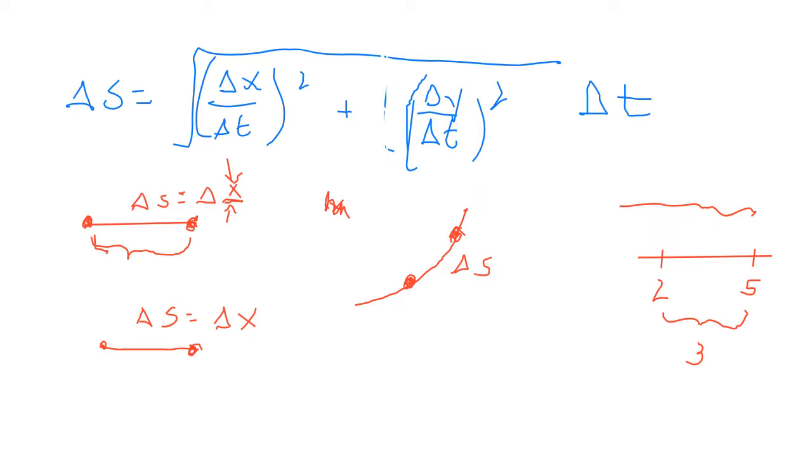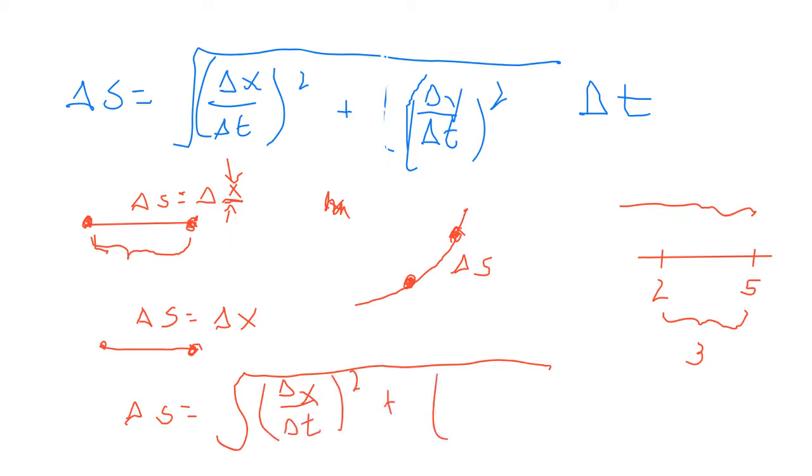And so in this case, delta S in the formula above would be delta X over delta T quantity squared plus what over delta T squared.